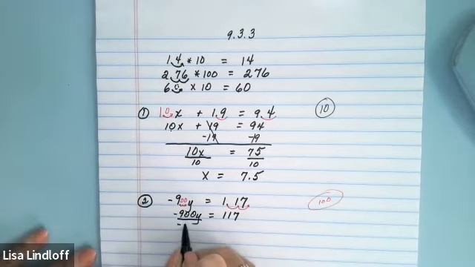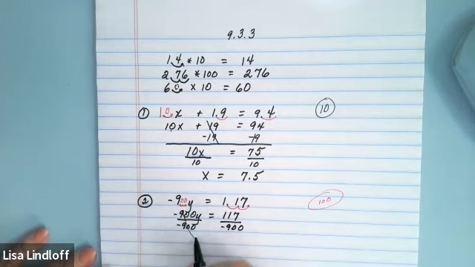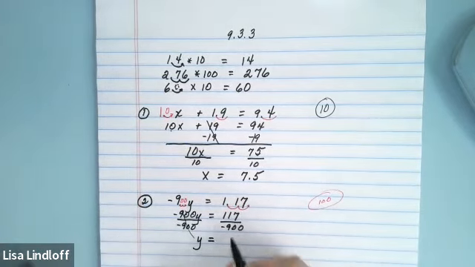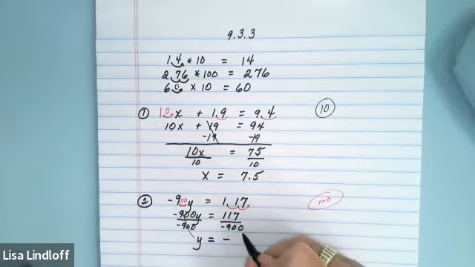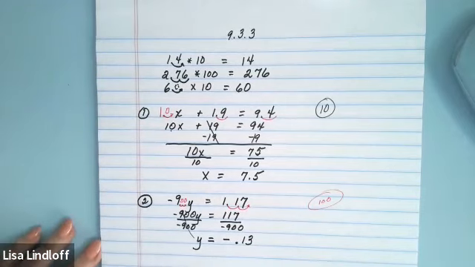Divide by the coefficient, which is negative 900. I will get y is equal to a positive divided by a negative is a negative. And then 117 divided by 900, I get 0.13. I'm not doing my calculator work on screen.